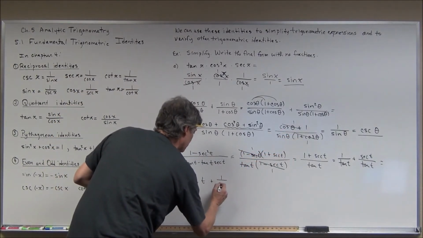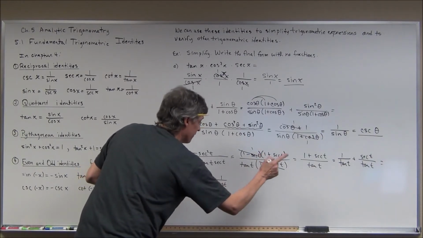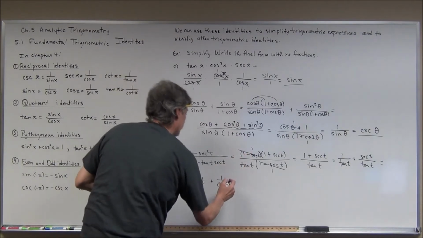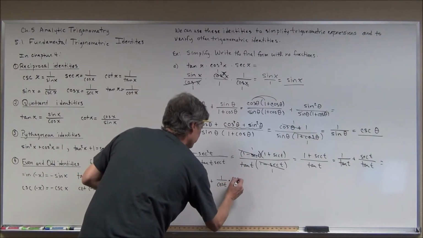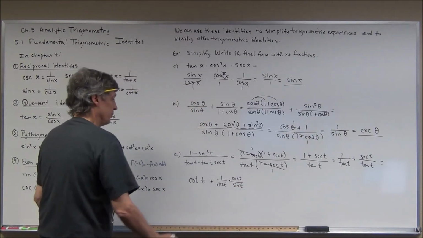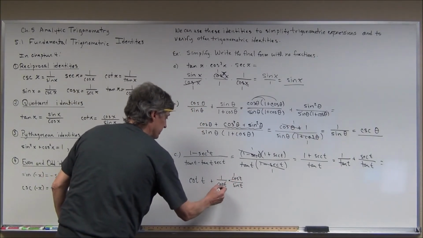That means secant, which is 1 over cosine of t, divided by tangent, which would be sine of t over cosine of t, invert and multiply when you divide by a fraction. And you can see by doing that, this simplifies.